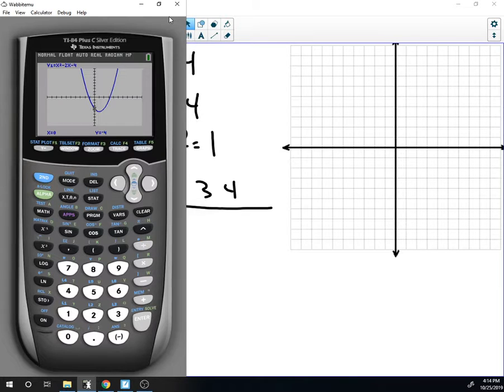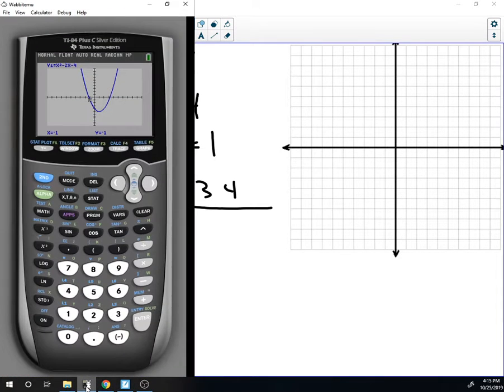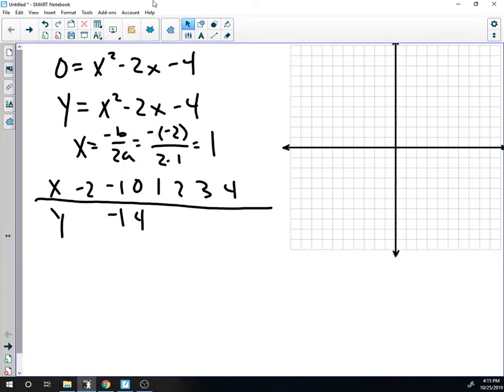Now I'm going to start looking. I'm going to look at x equal to negative 1 and enter, and I get negative 1 at negative 1. Then I'm going to look at negative 2. I put in negative 2 and hit enter, and at negative 2, I'm at 4.